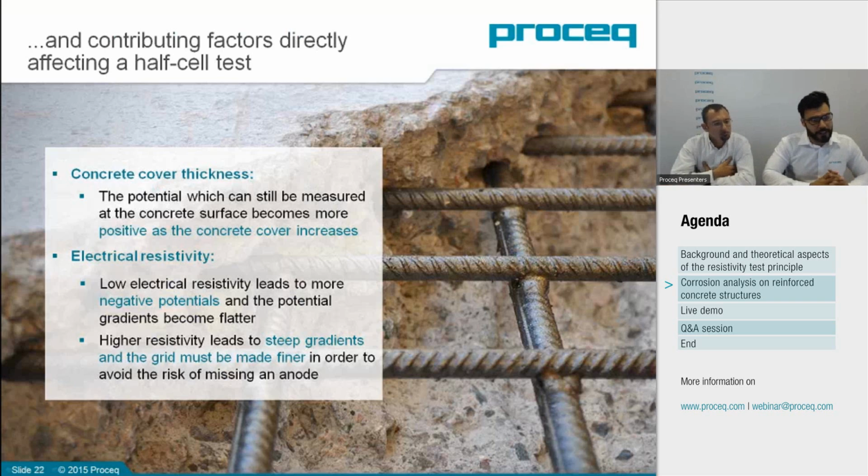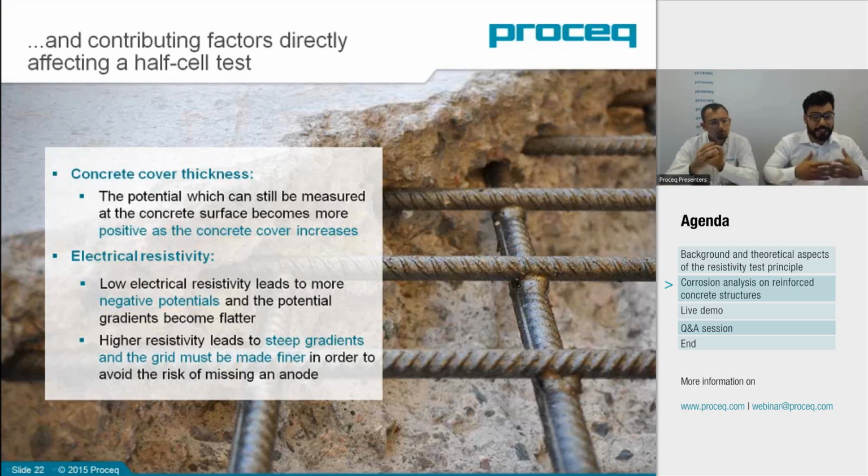On the other side of the scale, electrical resistivity directly influences the half cell potential as well. When we're dealing with low electrical resistivity, we expect more of a negative potential, and the potential gradients become flatter. In areas where we expect higher resistivity, we see steeper gradients.